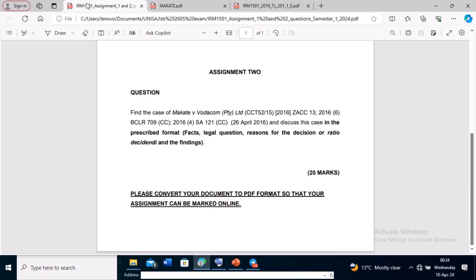Legal questions are the legal issues which are left for the judges to answer. Reasons for the decision: what did the judges say before handing over a judgment? They have to discuss those legal questions. Some of the legal questions are going to be ruled out, and they explain why and how. There's a lot.